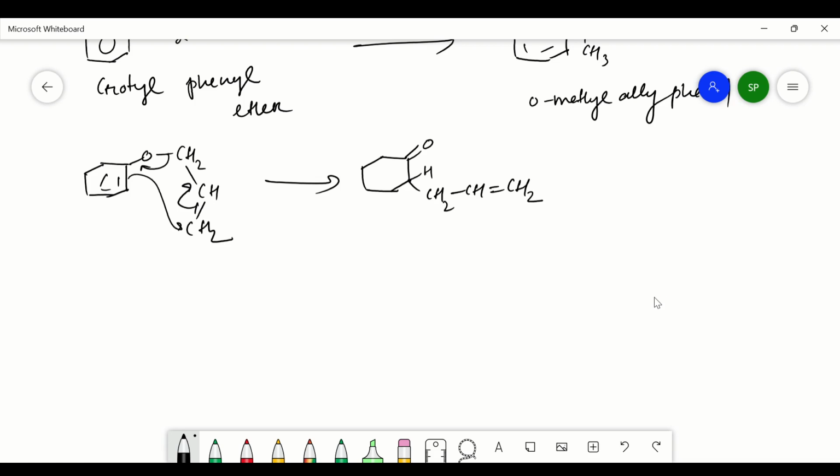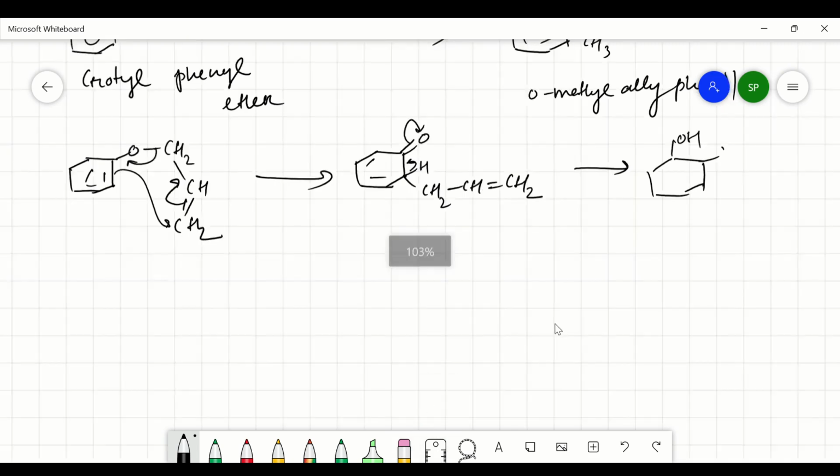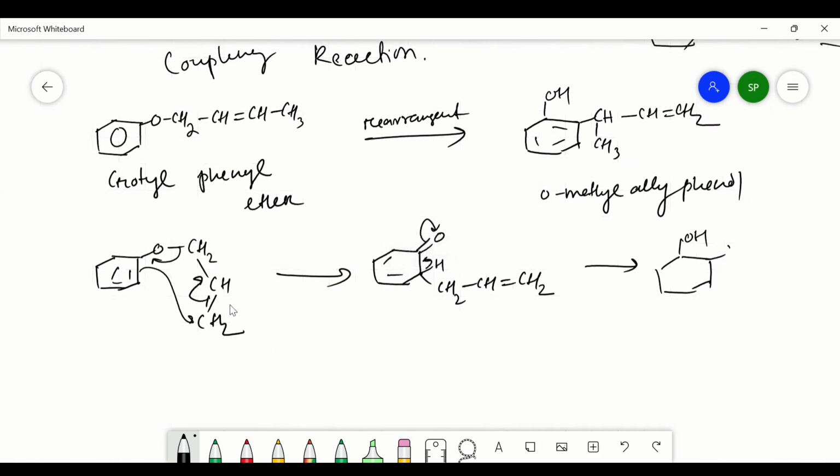Okay. Now the double bonds are here. This will undergo aromatization and then formation of phenol OH, and to this one CH3 group is also attached, so there will be formation of CH, CH3, CH double bond CH2. So this is ortho methyl allyl phenol.